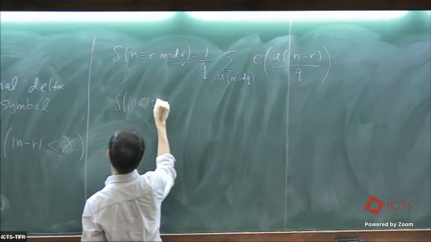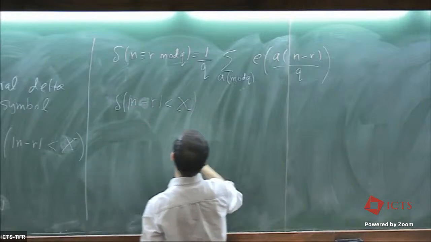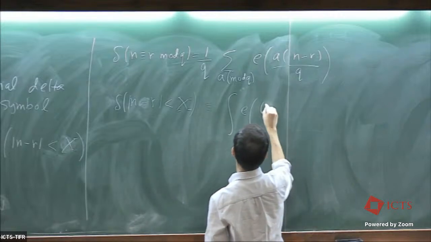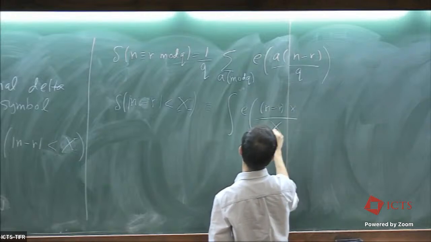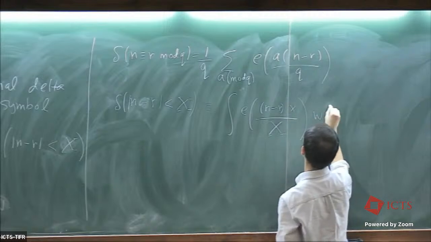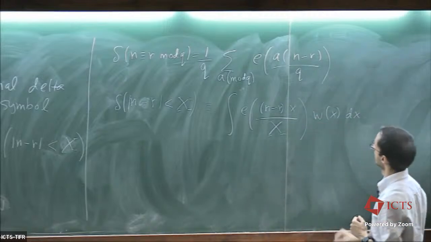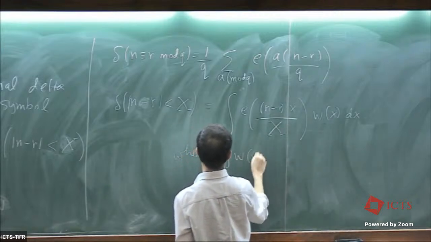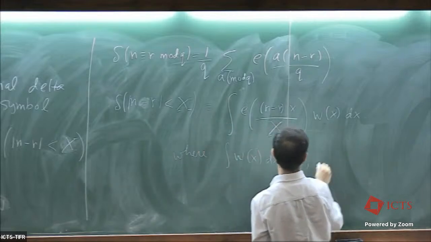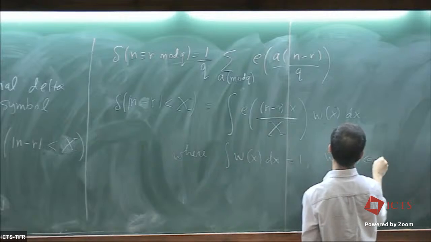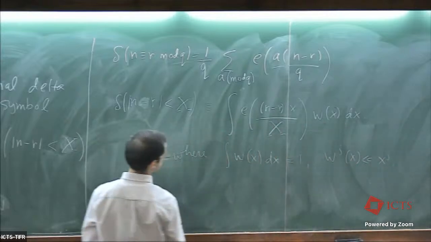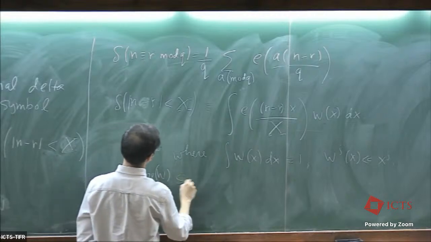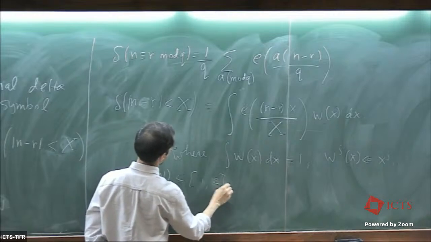So we want n minus r in absolute value to be less than x. So what you can do is you can write e of (n minus r) small x over big X, W of small x dx, where you have that the integral of W is 1, and you have all of these nice bounds on it. And let's say W is supported in something like 1 to 2.